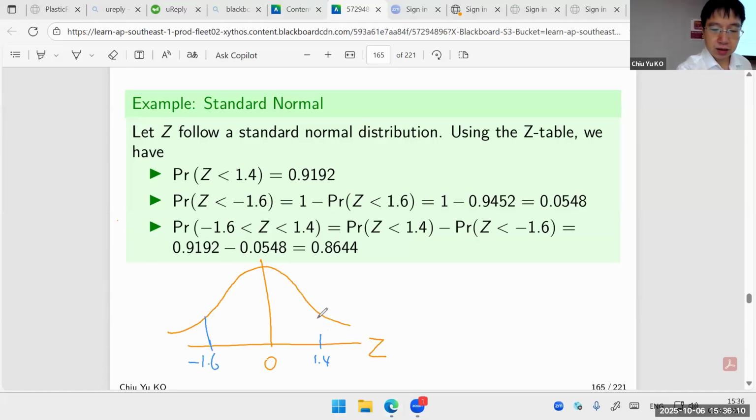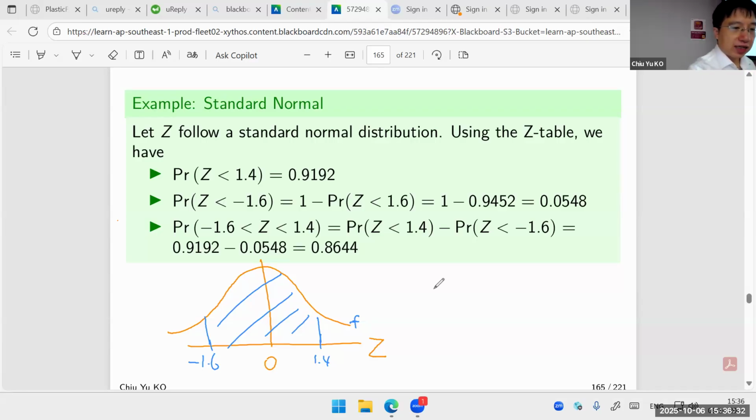So this is the blue area, that is F, right? The blue area is the area we're supposed to find, okay? And how to find that? Because with the table, we only know the area on the left-hand side, the big F, right? The big F is given to you.